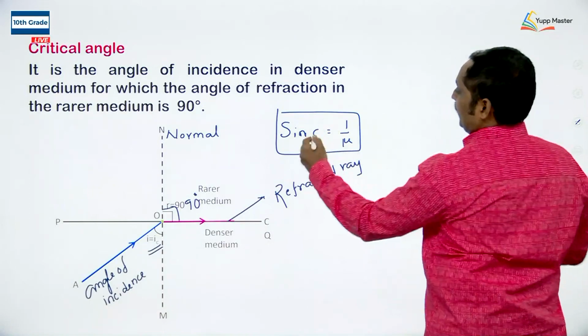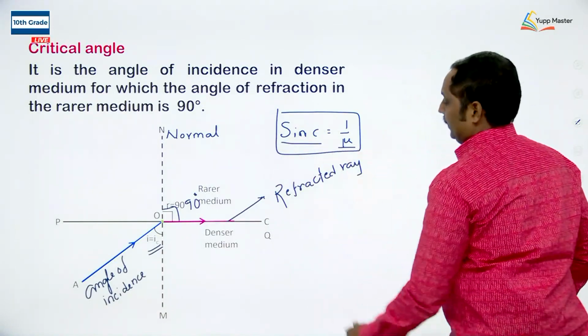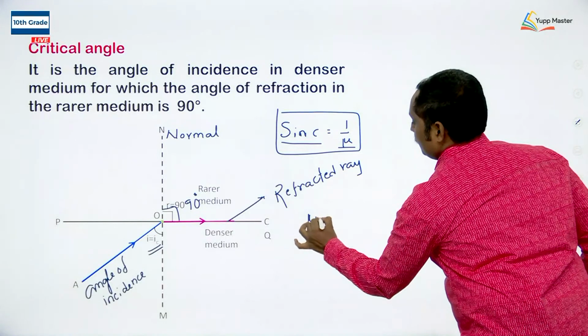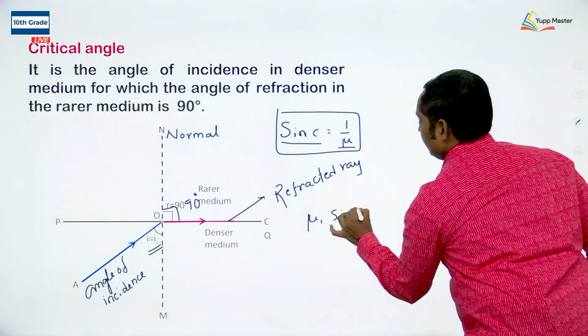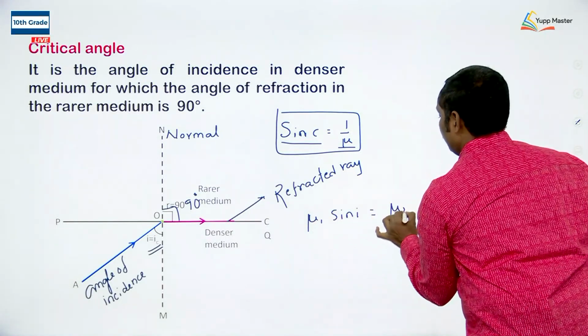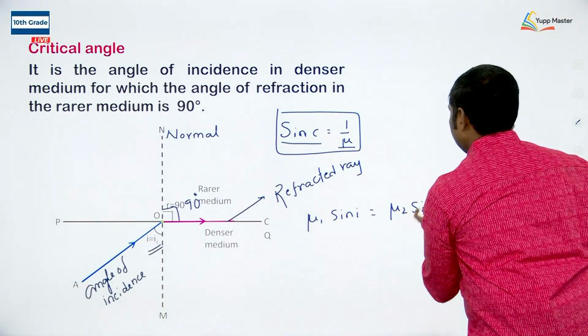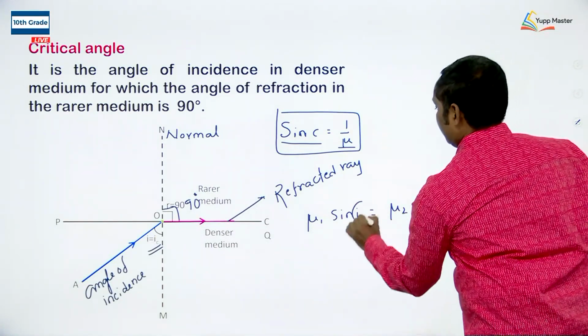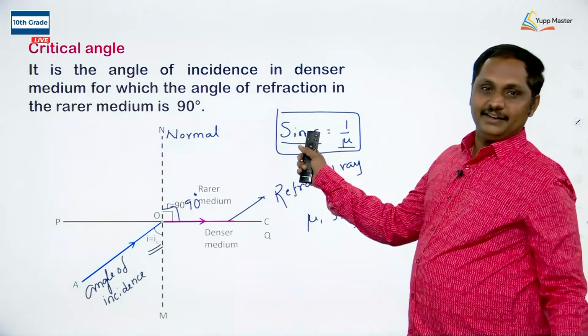Very simple, you can confirm that, mu 1 sin I is equal to mu 2 sin R. So, if theta c is identified, you can get that.